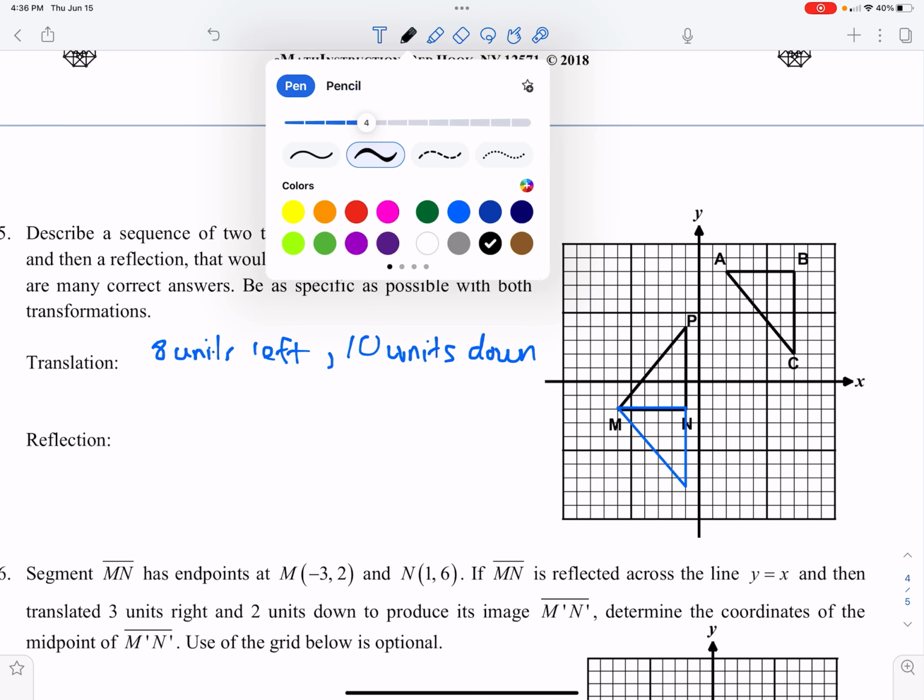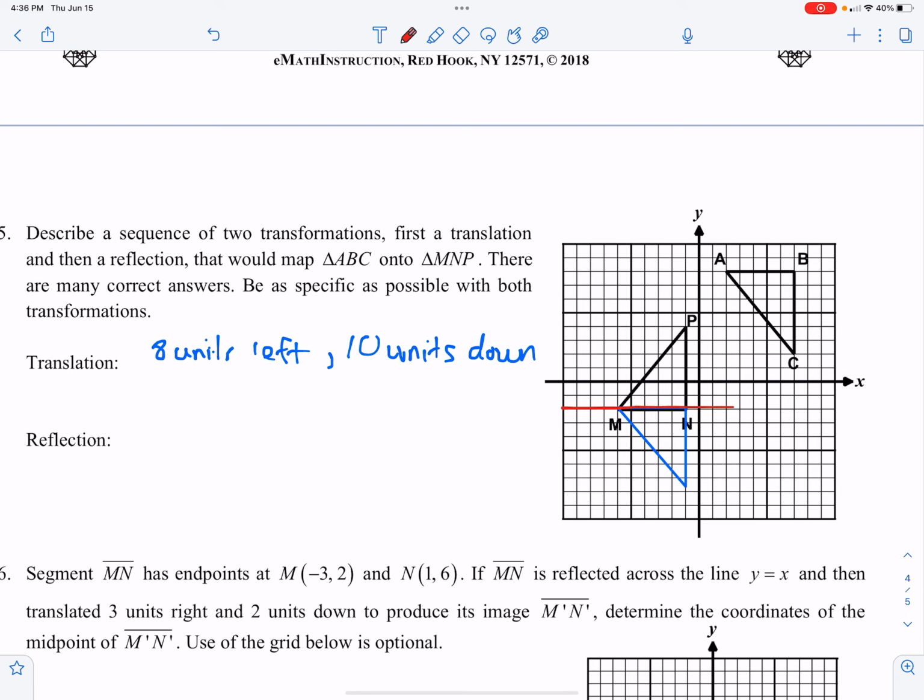Then, if I reflect about the line right here, y equals -2, you'll get this triangle right here.